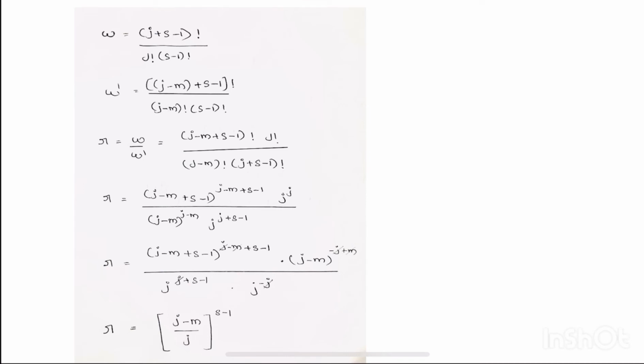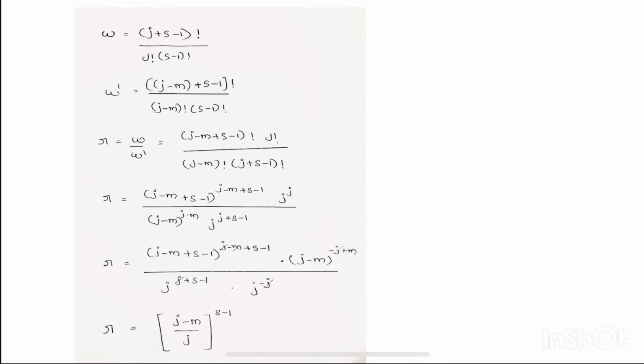Now let's consider that out of j quanta, one particular molecule has m quanta, which has to be subtracted from j. So the equation is converted into j minus m plus s minus 1 all factorial by j minus m factorial into s minus 1 factorial.